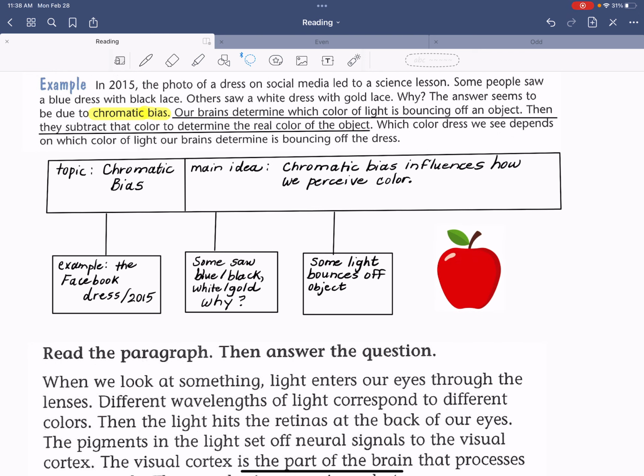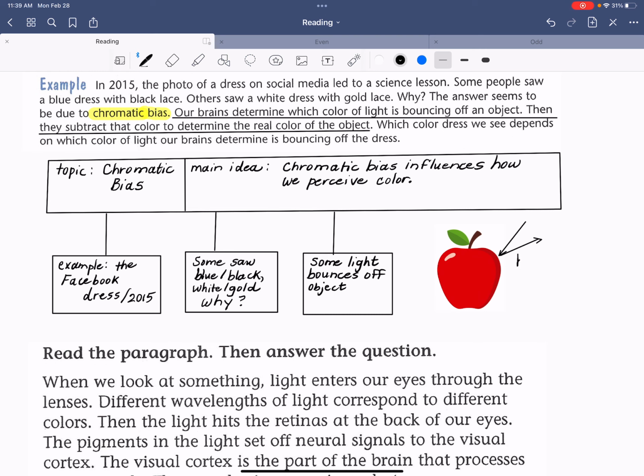Well, my eye is looking at this image, and then the light rebounds. It bounces off. It's reflected off of the apple. So I'm looking at the apple, and light is coming back this way.